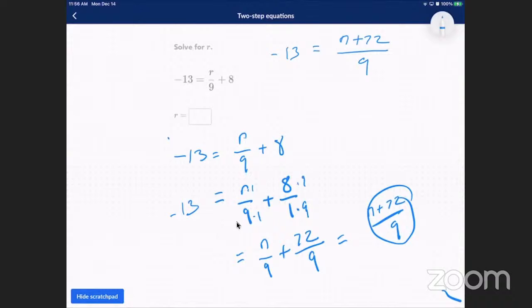Because we said, I think we can do that. And then we have r plus 72. And then I think we do the same thing on this side too. Right? Which is 9. Let me try this. I'm not necessarily too sure.